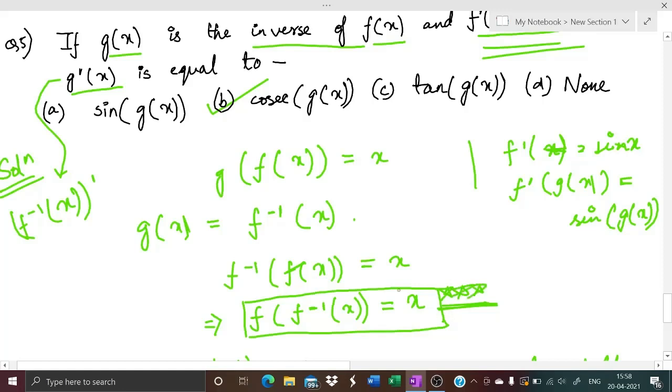And whenever you have been given to find the derivative of f of x, you will use this equation, because if you differentiate this one, you will get f dash x, and you can find f dash x directly. And in this case, if you differentiate, you can find f inverse x dashed. So you can find the derivative of f inverse x directly. So both these equations are correct.